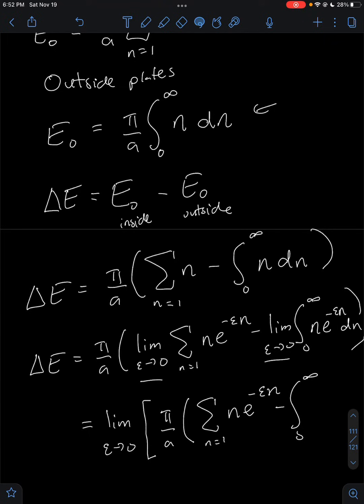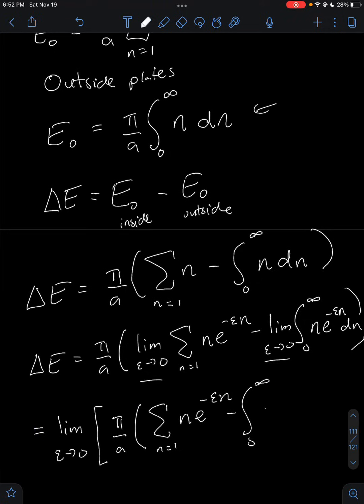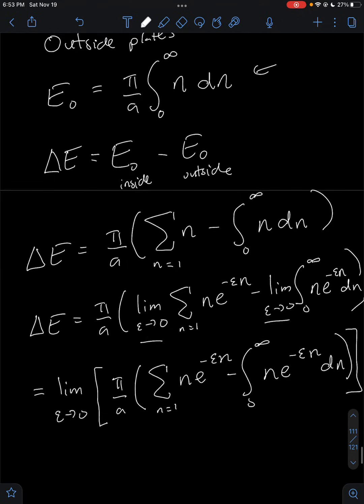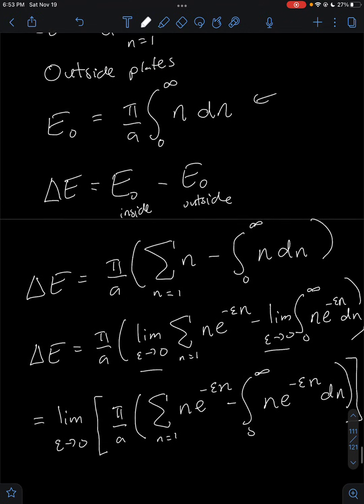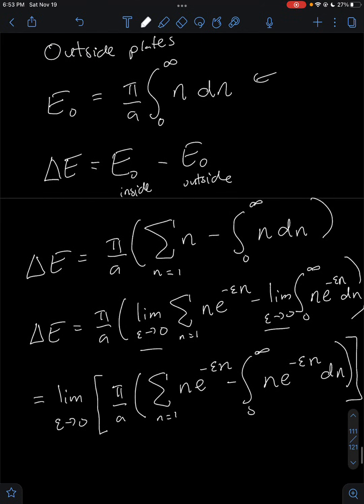Let's move this to the left a bit because it's getting cluttered. So we now have this expression for the change in the energy density. It should be the same expression, but why are we doing this?